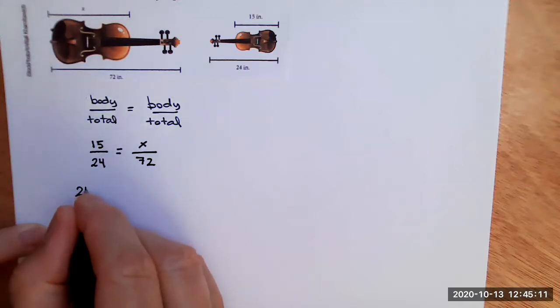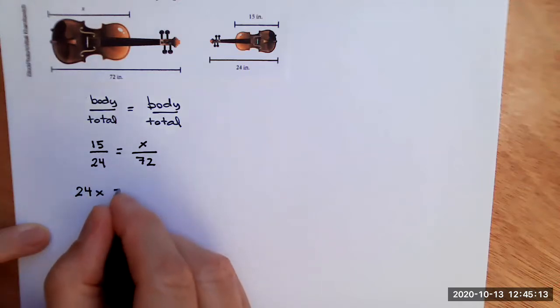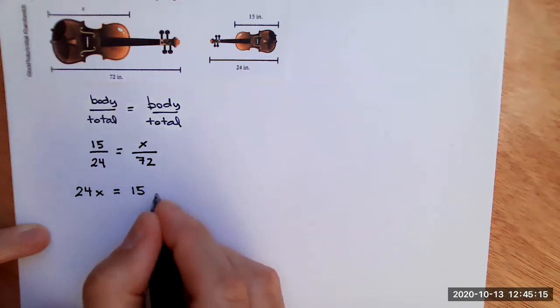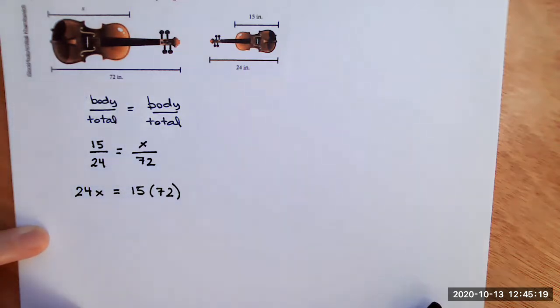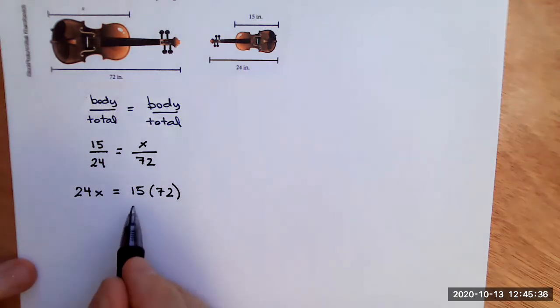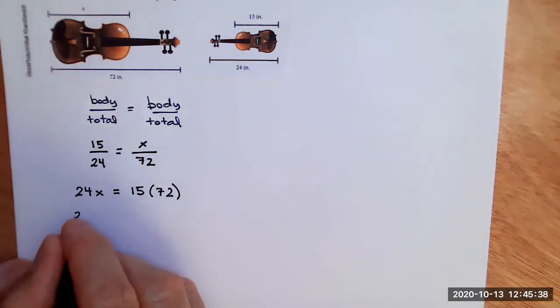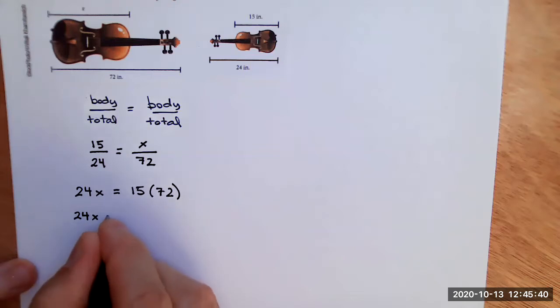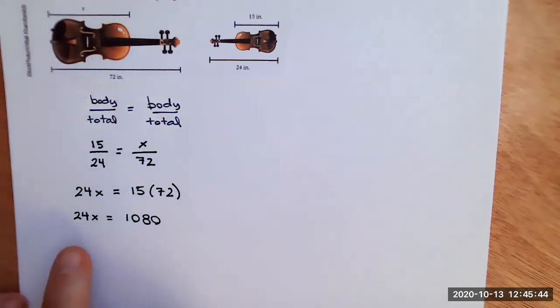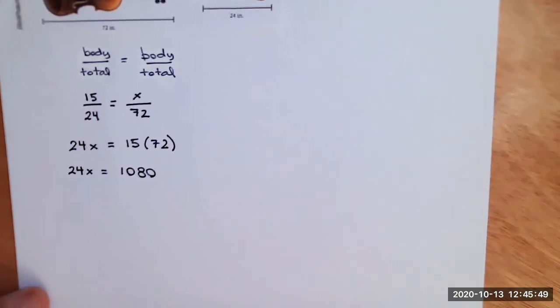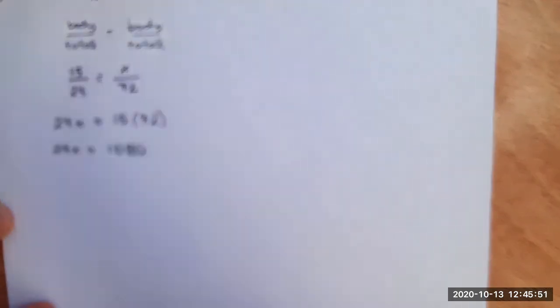So 24 times x is 15 times 72. 15 times 72 is 1080.